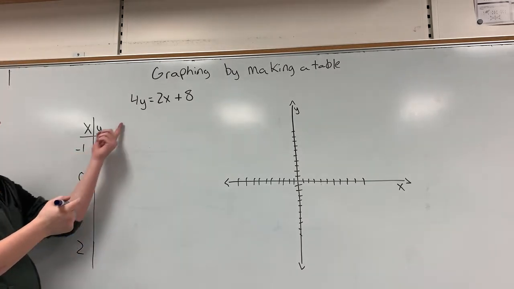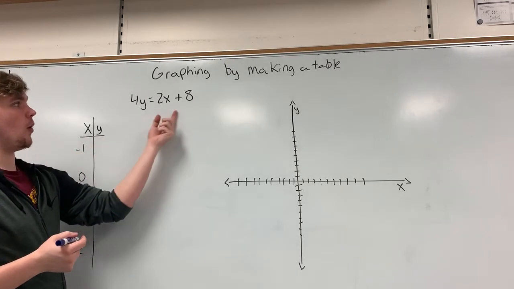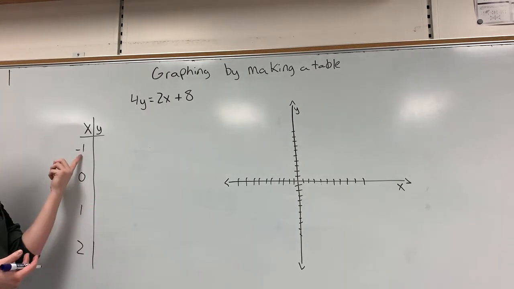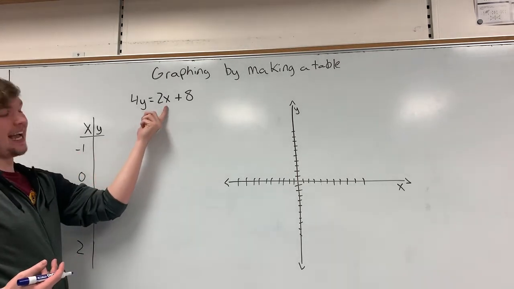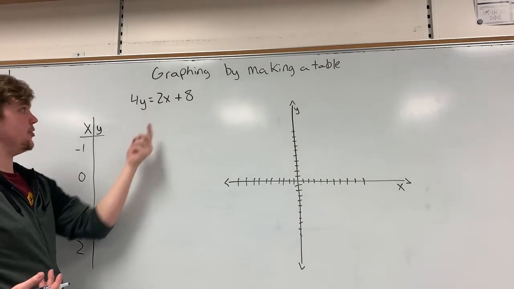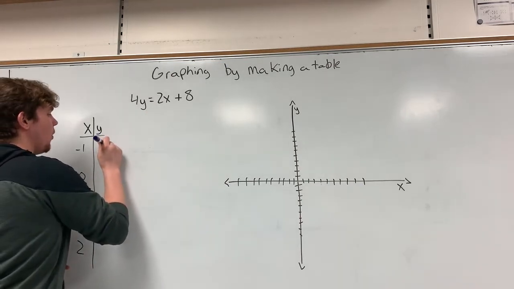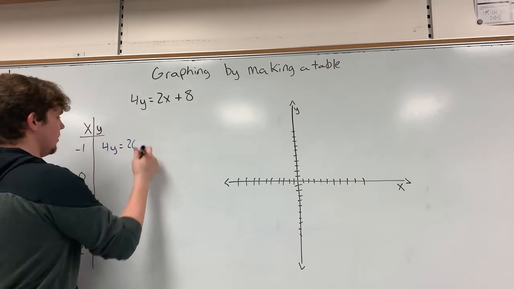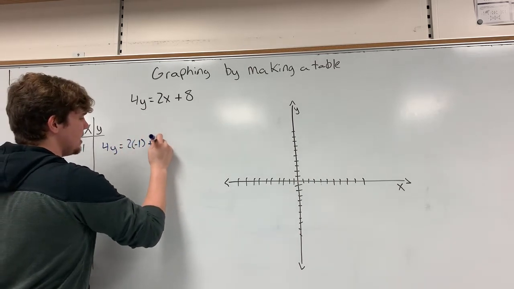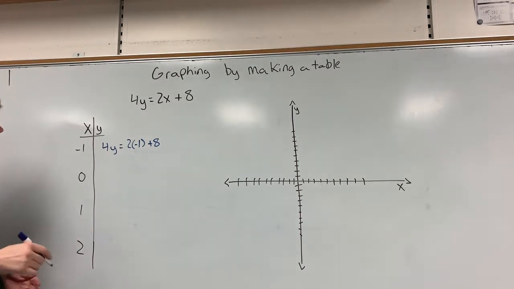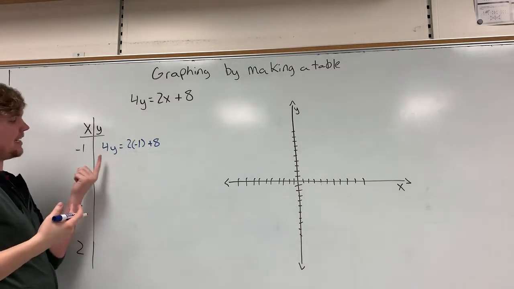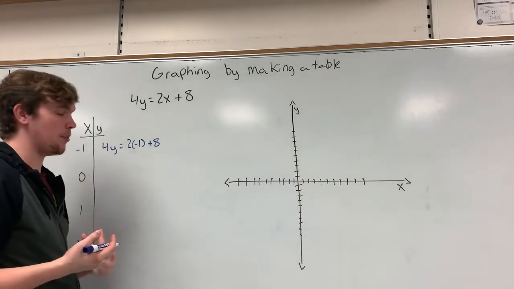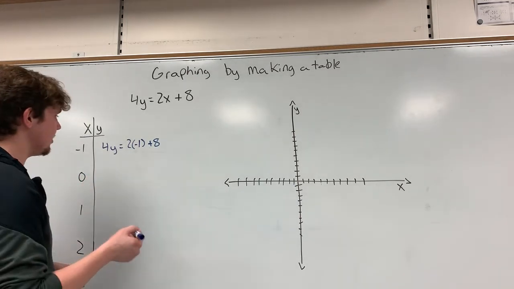So I'm going to rewrite this equation, 4y equals 2x plus 8, and replace x with -1 via substitution, right? So 4y equals 2 times -1 plus 8. Okay, and I need to simplify this. I need to get y completely by itself. Great opportunity to practice your equation solving skills.